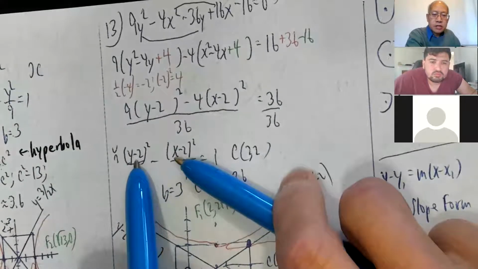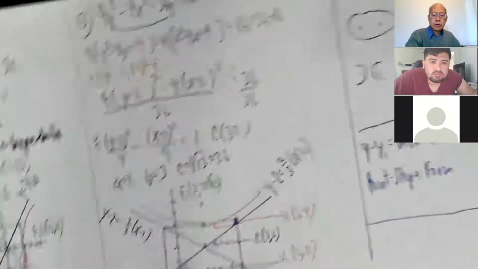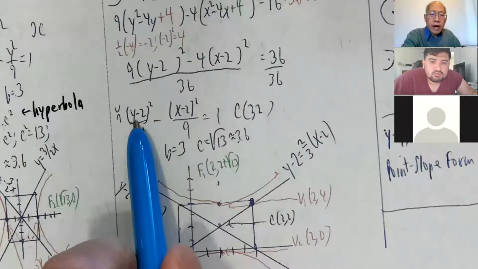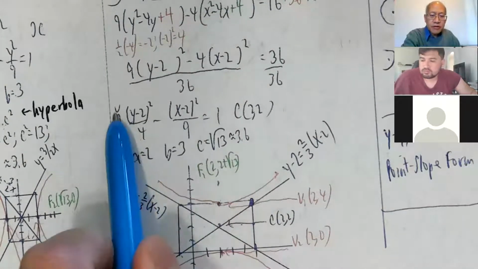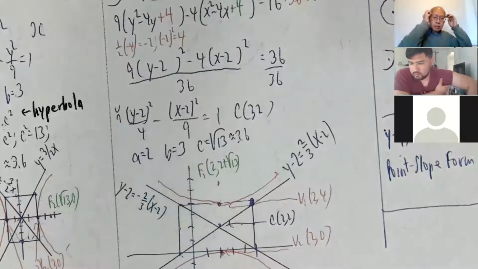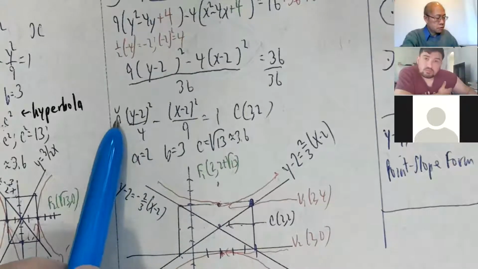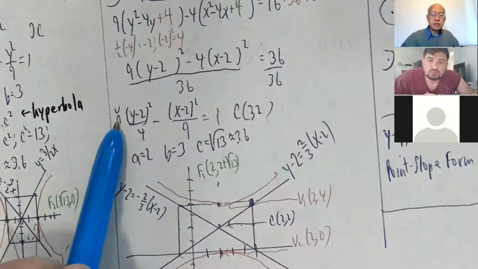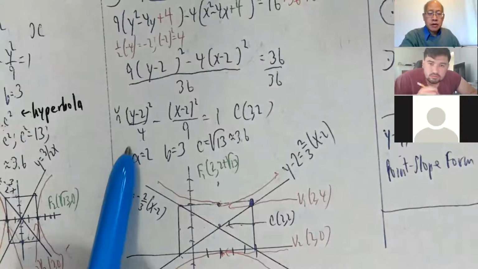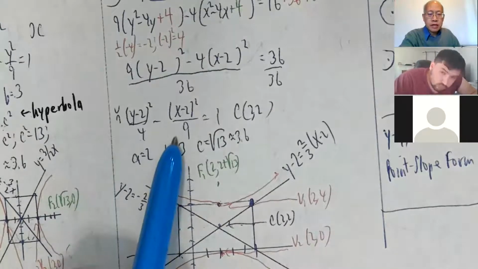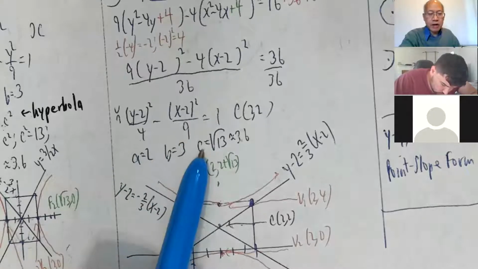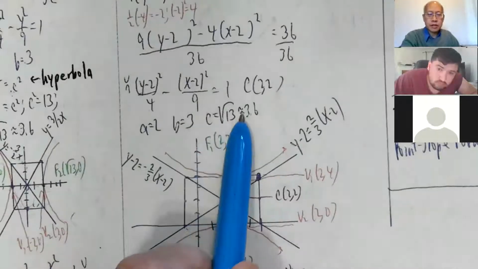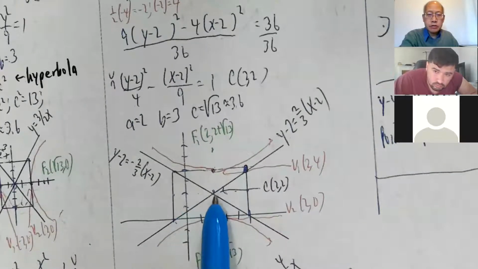The center is 2, 2. Y positive, x negative, it's going to be the up and down type of hyperbola. Okay, and for some reason, the author seems to like the same numbers, but A is 2, B is 3. We just did that. So C is still radical 13. The algebra is the exact same thing as all that, which is 3.6. Okay, so my center is 2, 2, right?